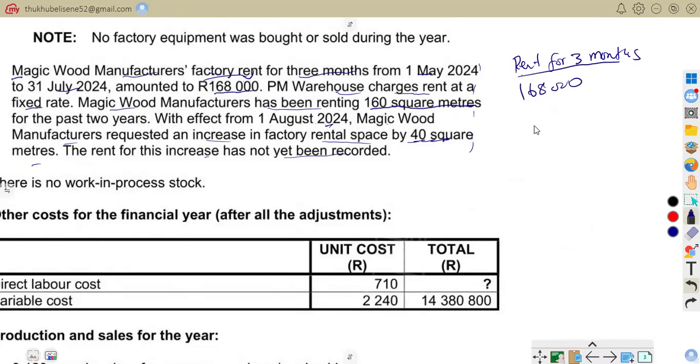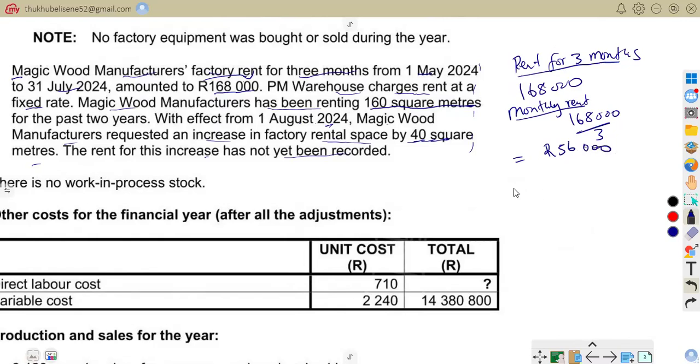So now we're going to say monthly rent. Our monthly rent is going to be 168,000 divided by 3 months that we're talking about. So our monthly rent is how much? 56,000.